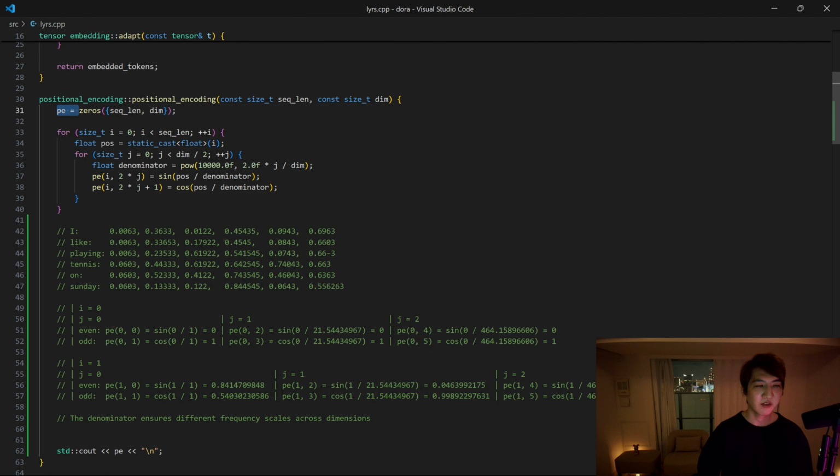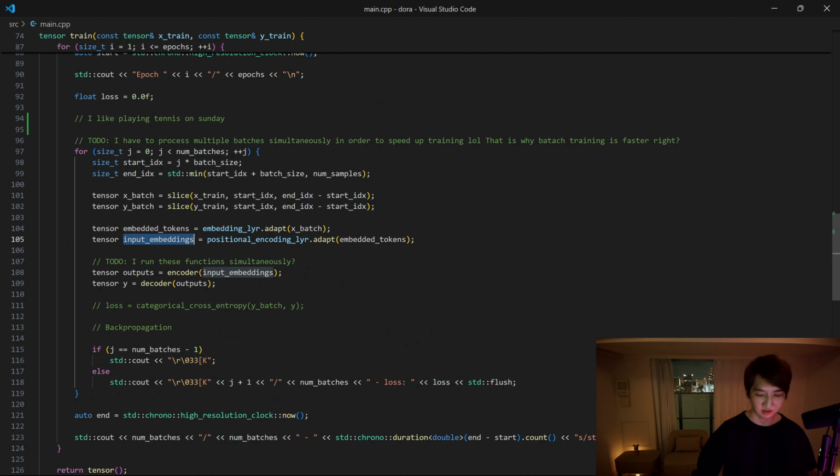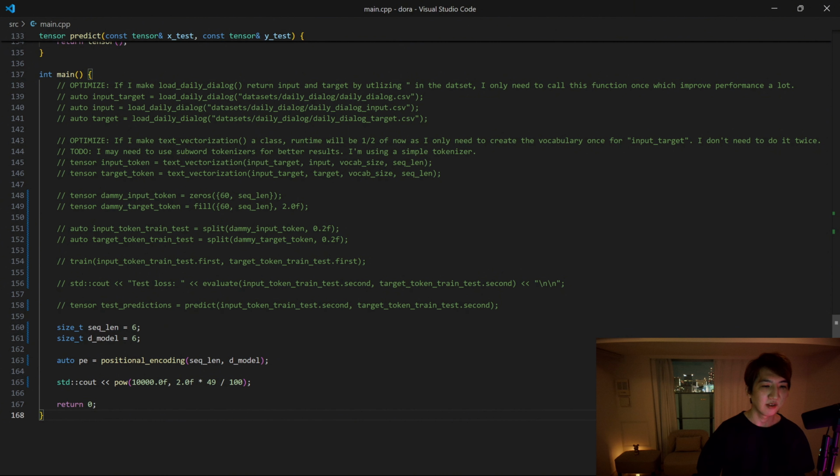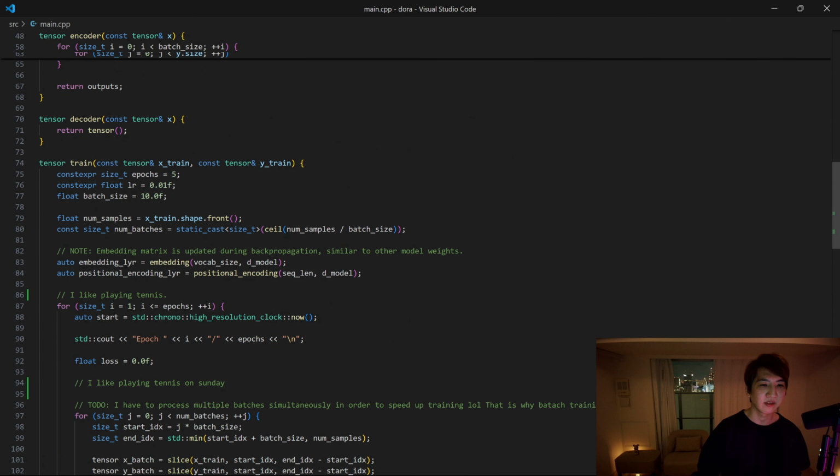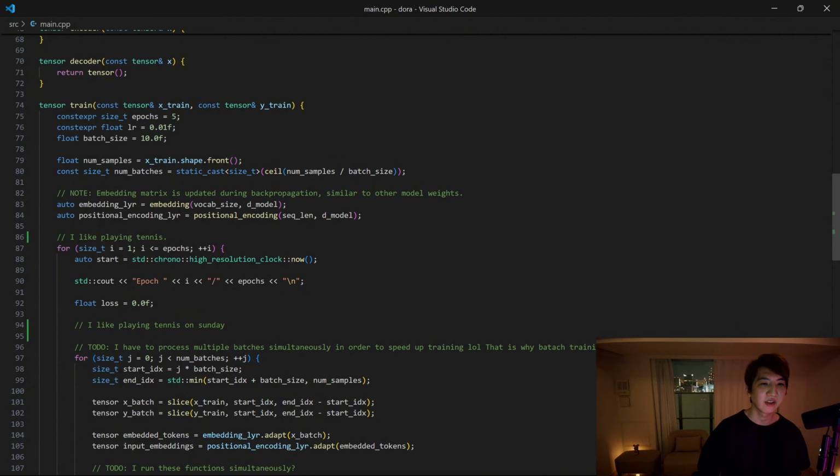So we have to create the matrix. We loop through the sequence length. For this example, I set it to 6, and the model dimension to 6 as well. This model dimension is the same as the embedding dimension you set when creating the embedding matrix.